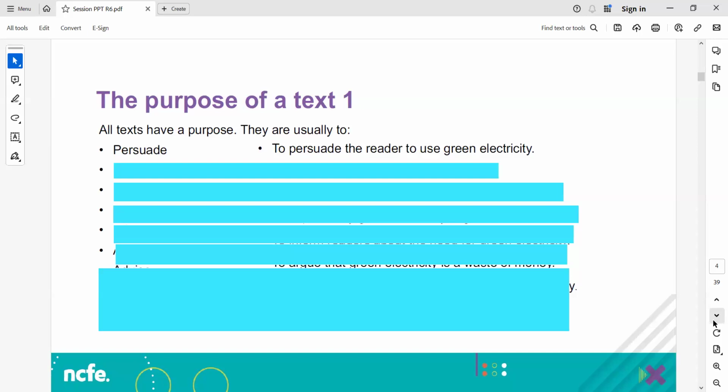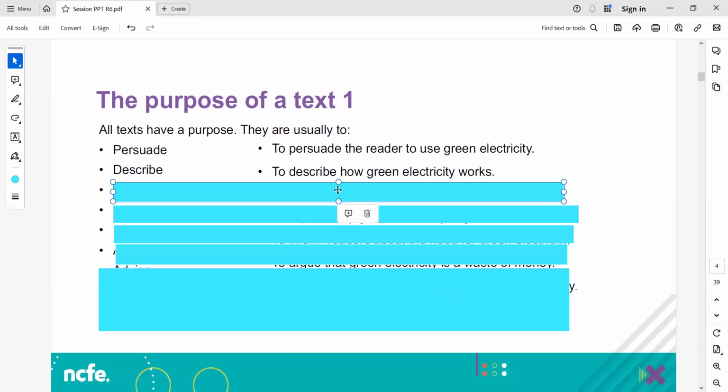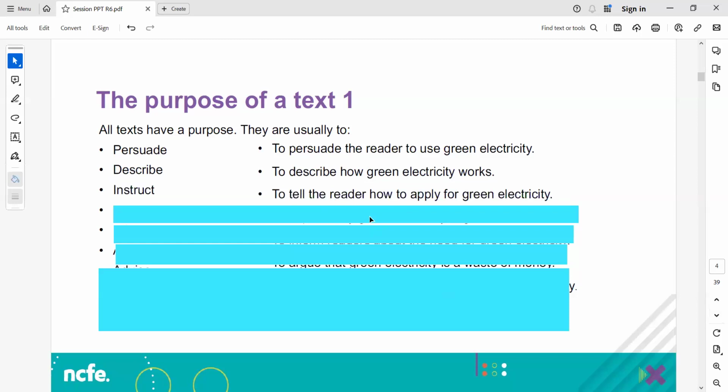The purpose of a text. So all texts have a purpose, and these are the common ones. They are usually to persuade, to persuade the reader to use green electricity. To describe how green electricity works. To instruct, so to tell the reader how to apply for green electricity.